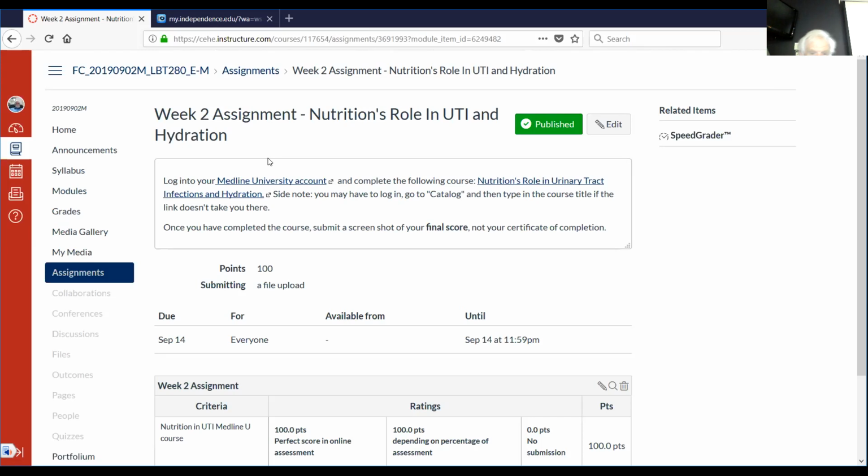If you make a folder and just download your certificate, yeah, you don't need to give that to me. You don't need to take a screenshot of it. But I don't want you to make a mistake and take a screenshot of that and not your final score, because I don't think you can go back and get it. Does that make sense? Well, couldn't you redo it? If you had to? I don't know.